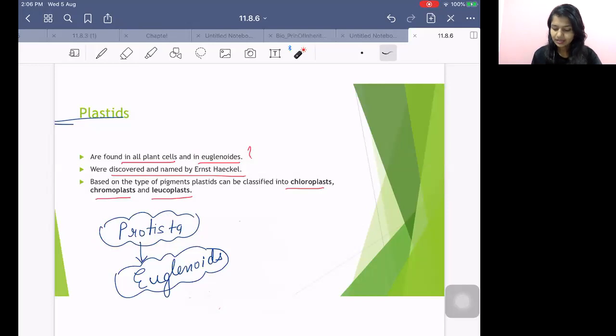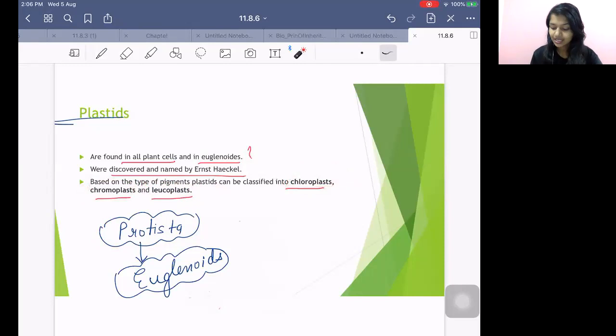Now, you can have several types of plastid depending on what they have. They can be chloroplast, chromoplast, or leucoplast.